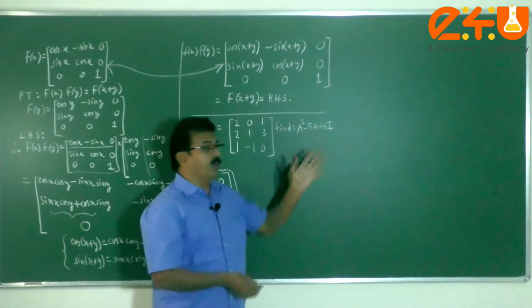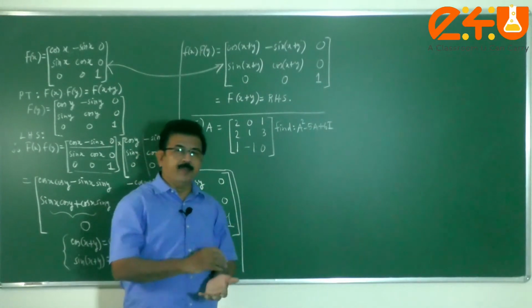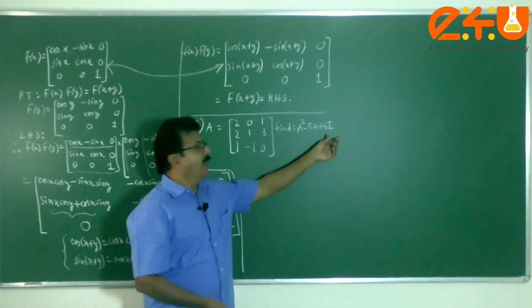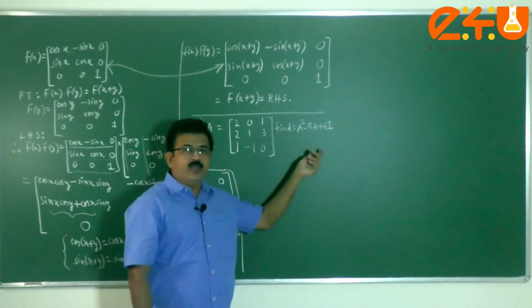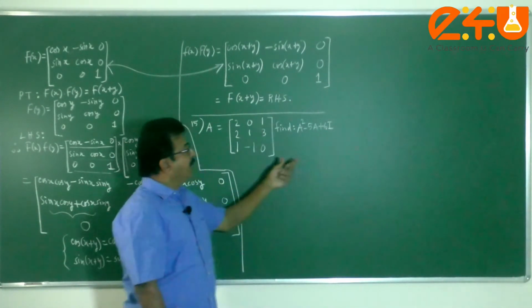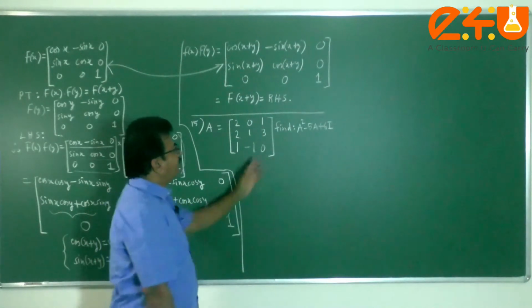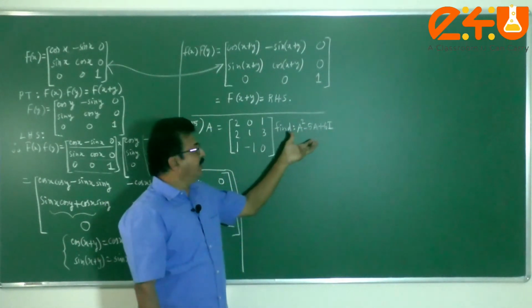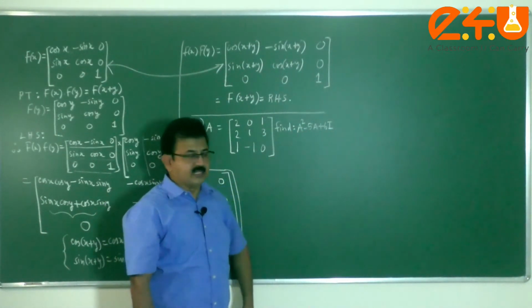So here is where you are now getting exposed to the identity matrix. The identity matrix of order 3 is going to be 1 0 0, 0 1 0 and 0 0 1. So these are the 3 terms you have to put together and evaluate the result.